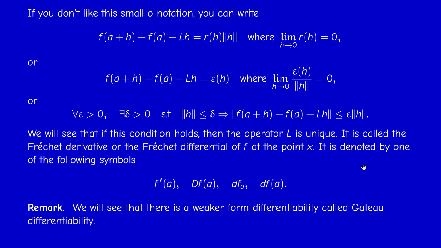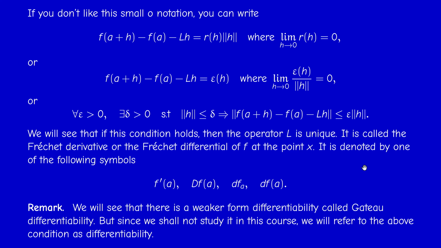You choose the one you like. And as I said, there is a weaker form of differentiability called Gateau differentiability. Now, Frechet and Gateau were both French mathematicians who worked on this notion of differentiability. So in this course, we'll just say differential, okay?